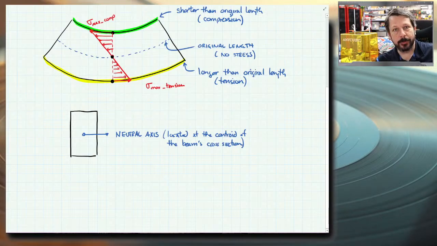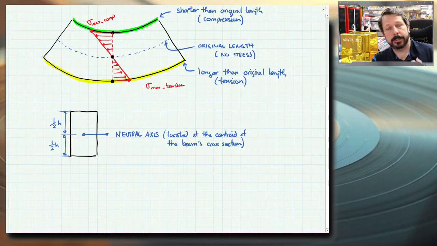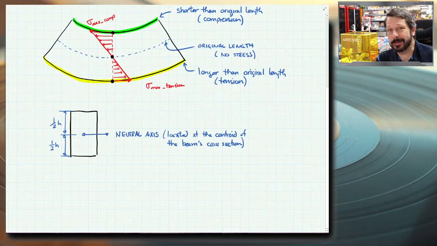Again, it doesn't matter what shape the beam is. You find the centroid of it. In this case, if it's a rectangle, then it's just half of the height. But other cross sections could be more complicated. Maybe you need to look up where the centroid is. There are tables and tables of beam charts where you have a name of a beam.